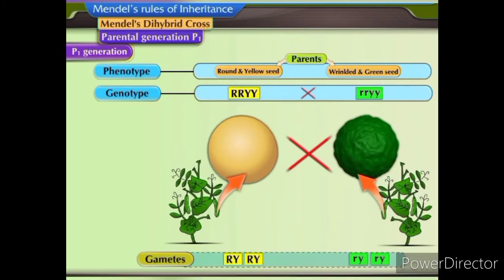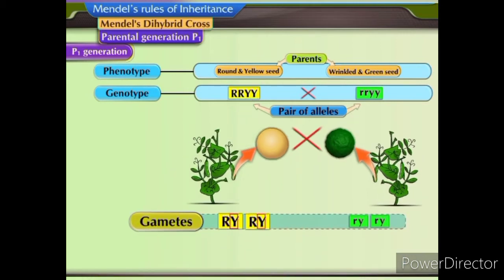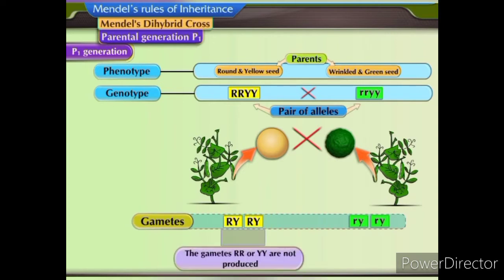When the gametes of the P1 generation are formed, each pair of alleles segregate independently of the other. Hence, during gamete formation, RRYY plants produce the gametes RY. The gametes Ry or rY are not produced by them.